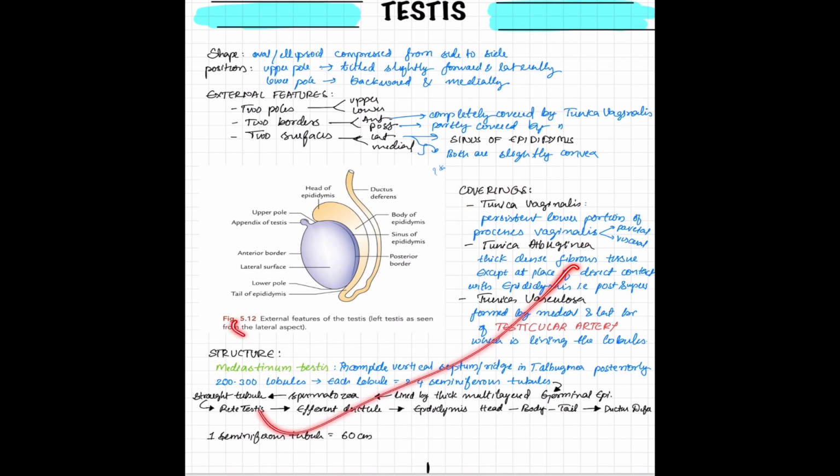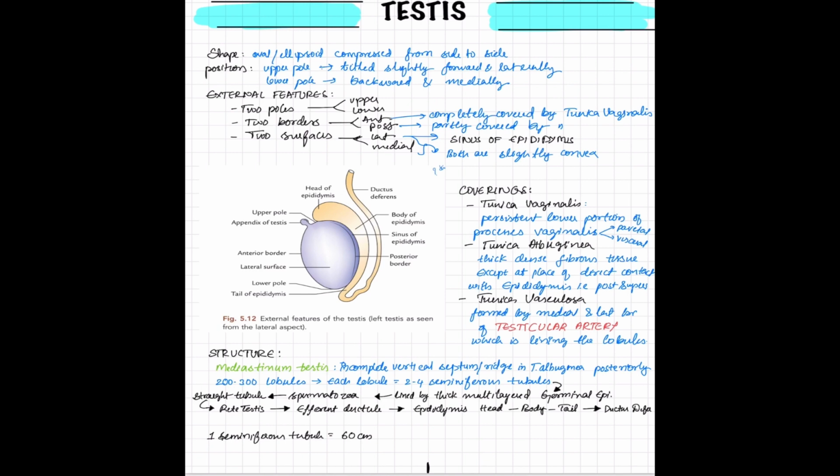Don't try to see those diagrams; focus on what I am saying and concentrate on my voice. The processus vaginalis is already done. It is the persistent lower part of the processus vaginalis. As the processus vaginalis is a peritoneal fold, it also has parietal and visceral layers.